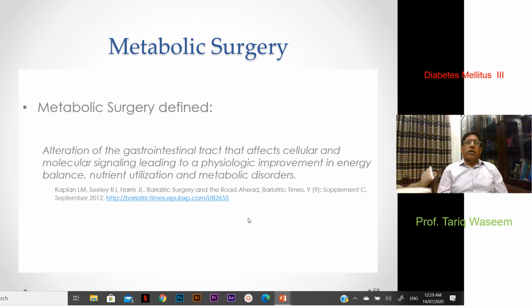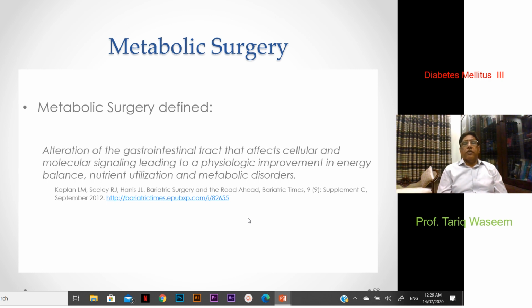A word about metabolic surgery: since we have already mentioned that the majority of type 2 diabetics are obese, and obesity is a state of insulin resistance, particularly what we call abdominal obesity, or more of intra-abdominal fat being increased.